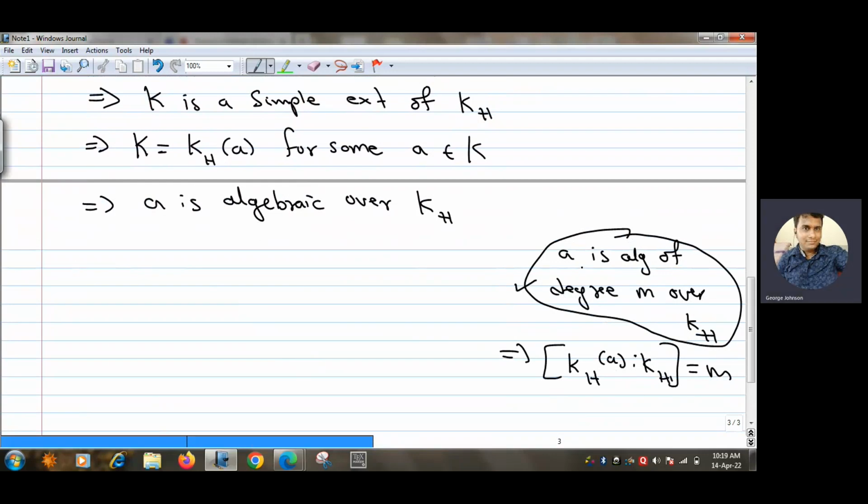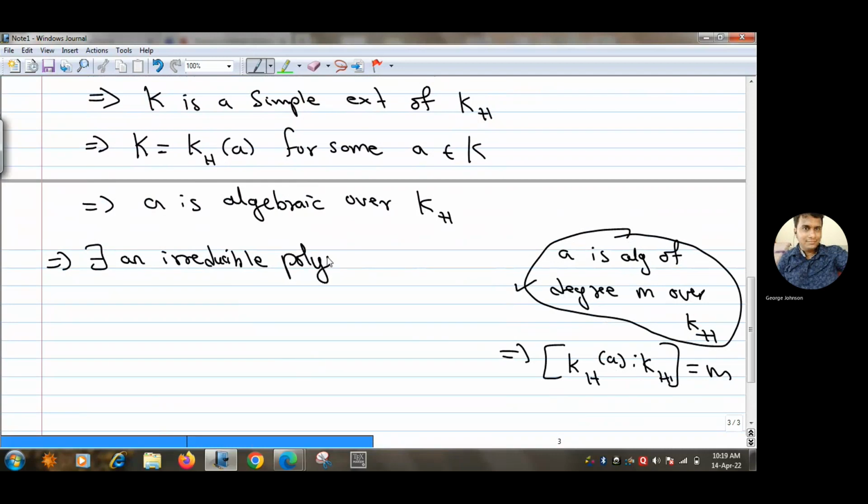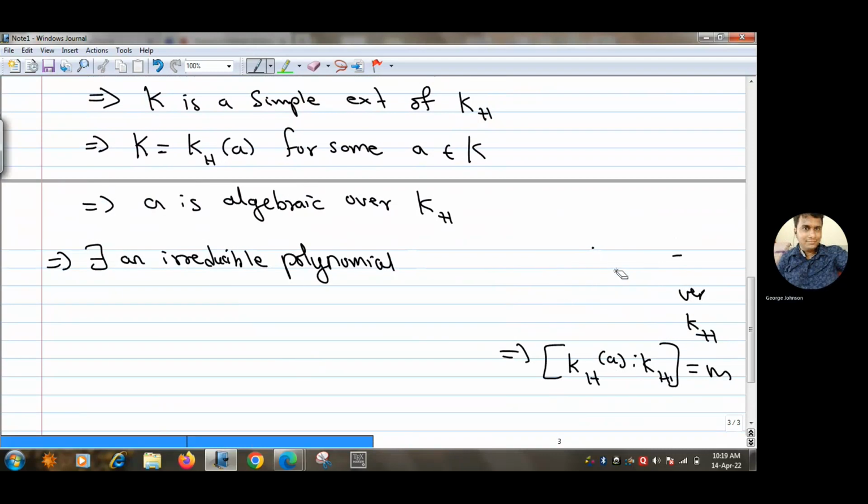Minimal polynomial of degree M satisfied by A means what? Irreducible polynomial. We know that by definition minimal polynomials are irreducible polynomials. So there exists an irreducible polynomial, let us call that polynomial Q(x).